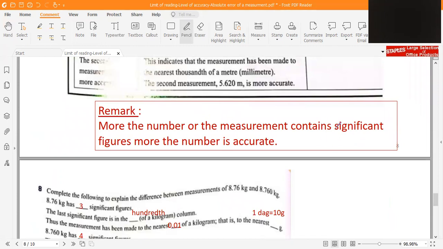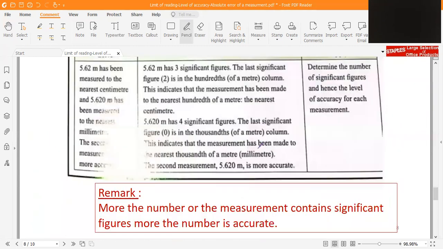In example 5, we should know that the more significant figures a measurement contains, the more accurate the number is. So a bigger number of significant figures means more accuracy.